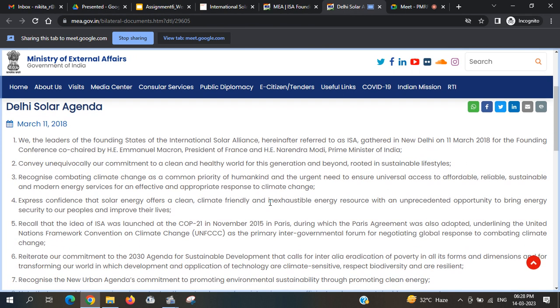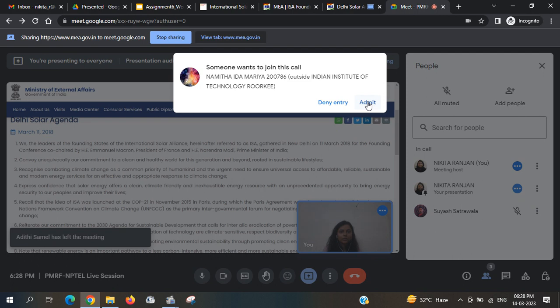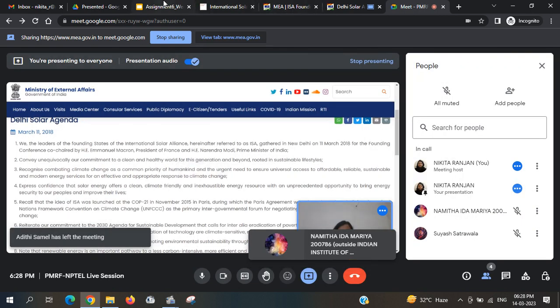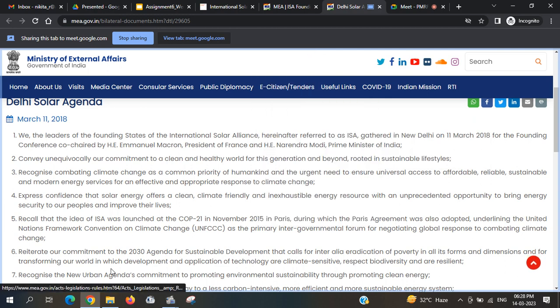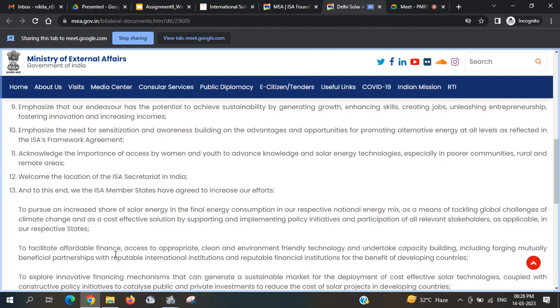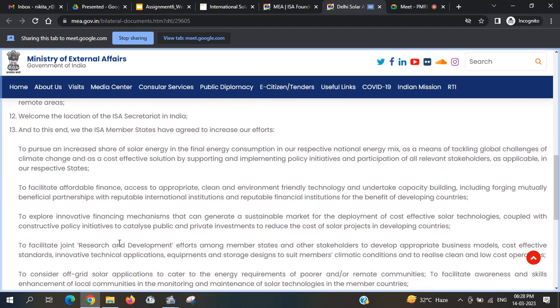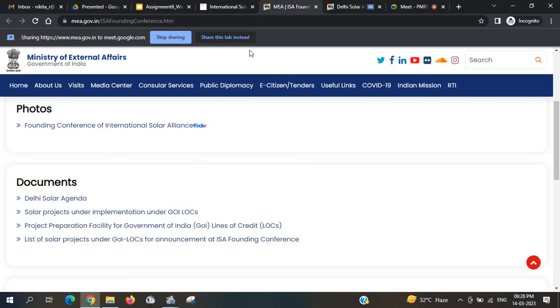These are all the different components of the solar agenda. If you want to read further, you can go ahead and read all the components.